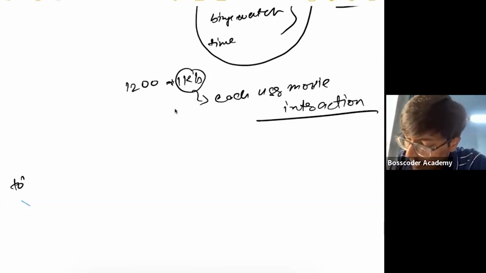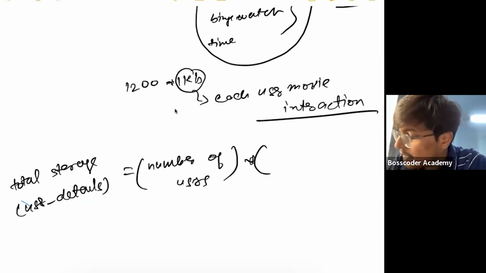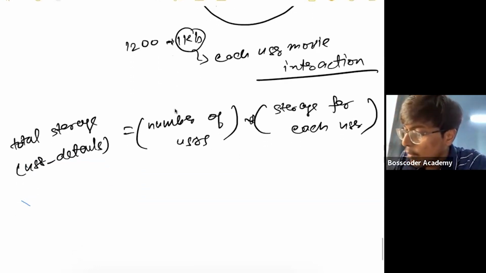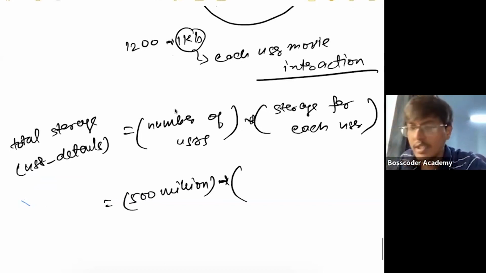So what is the total storage in terms of user details? It will be the number of users into the storage for each user. How many total users are there? 500 million. What is the storage for each user?